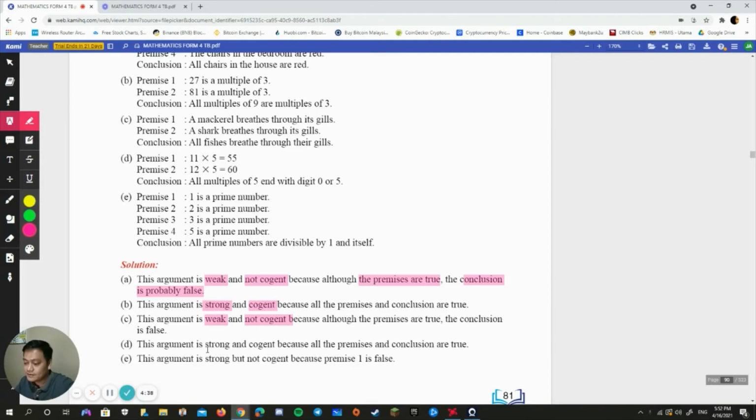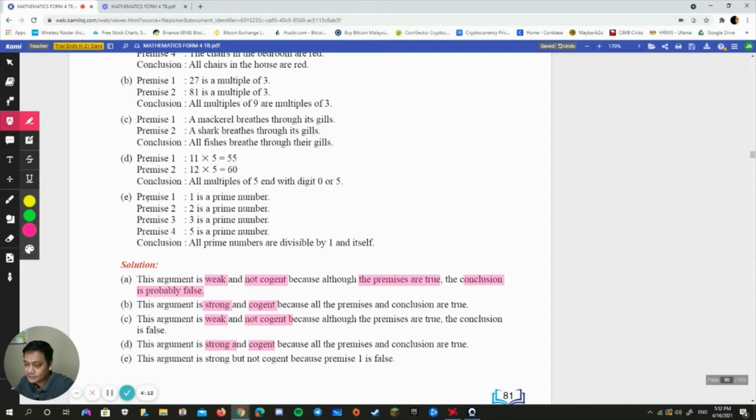So this argument is strong and cogent. 11 times 5 equals 55 is true. 12 times 5 equals 60 is true. Then all multiples of 5 end with digit 0 or 5, the conclusion is also true.